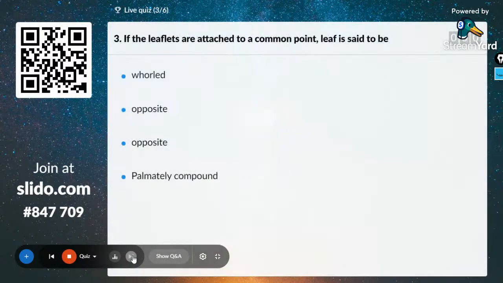Moving on to question number 3. If the leaflets are attached to a common point, the leaf is said to be whorled, opposite, or palmately compound.